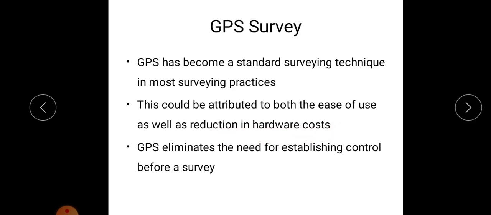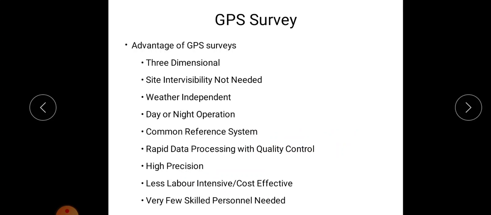This is the most advanced technology, very easy to use, with reduced hardware cost. And GPS eliminates the need for establishing control before a survey. So if we are doing a GPS survey, there is no need for establishing control.